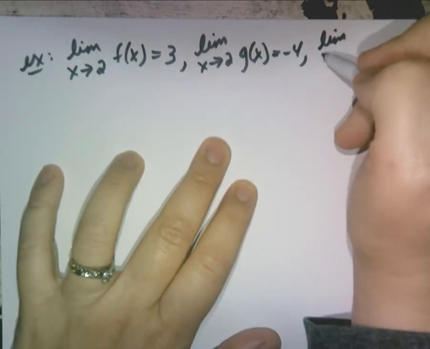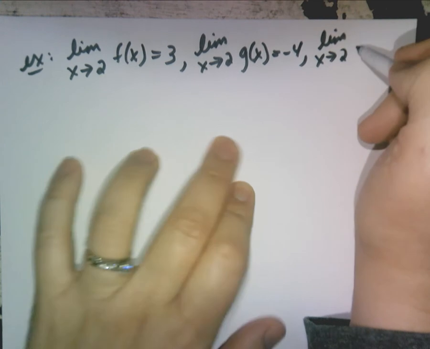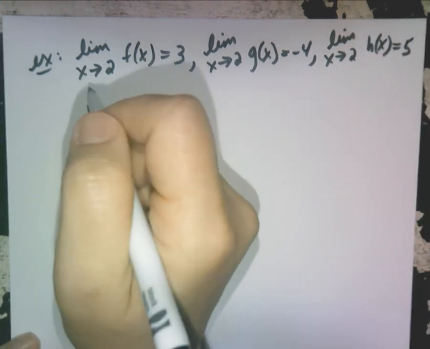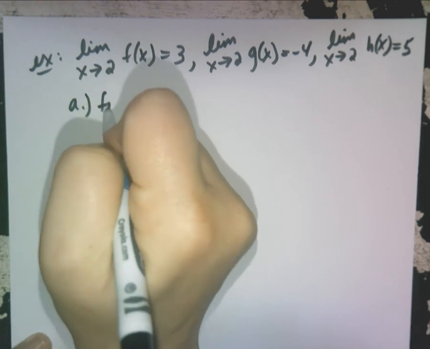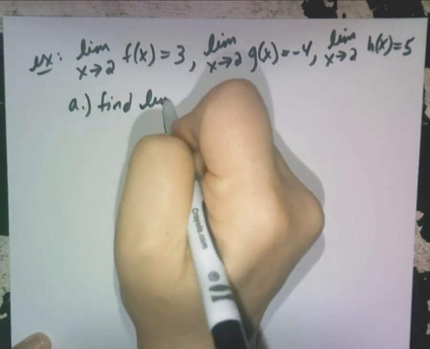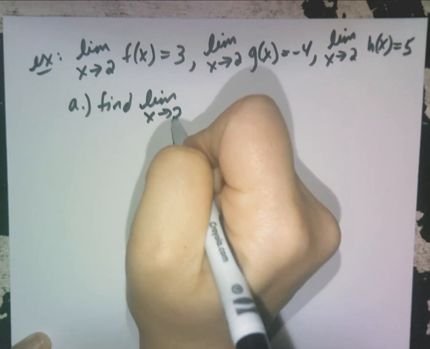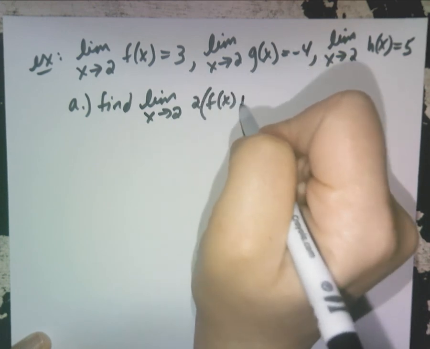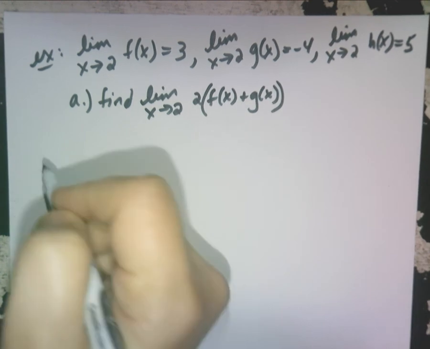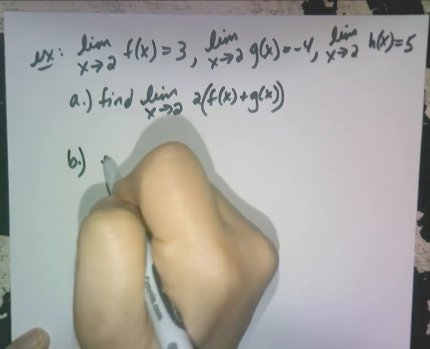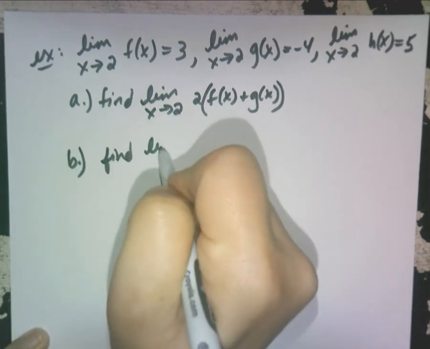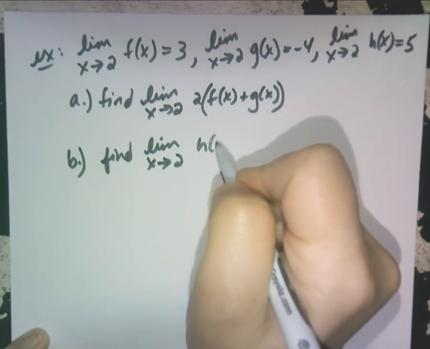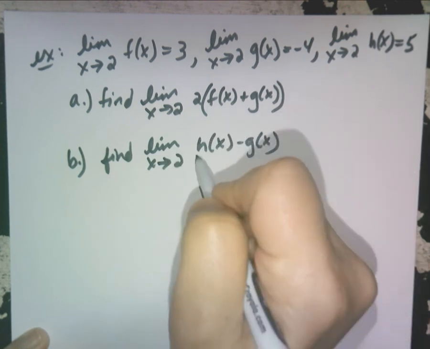And the limit as x goes to 2 of h of x is 5. And I want you to do the following. Find the limit as x goes to 2 of 2 times f of x plus g of x. And we'll do one more. Of h of x minus g of x over f of x.